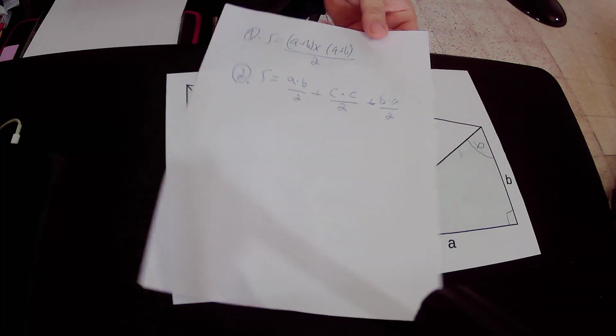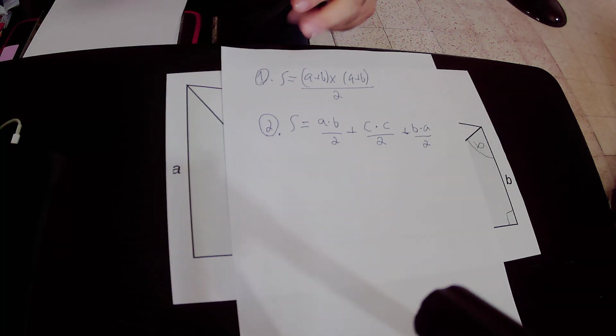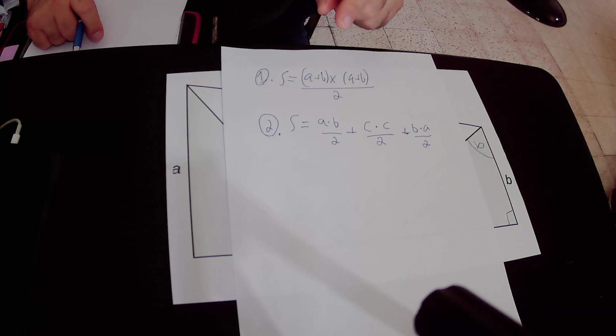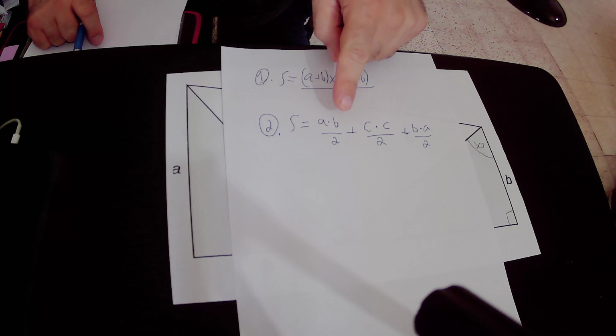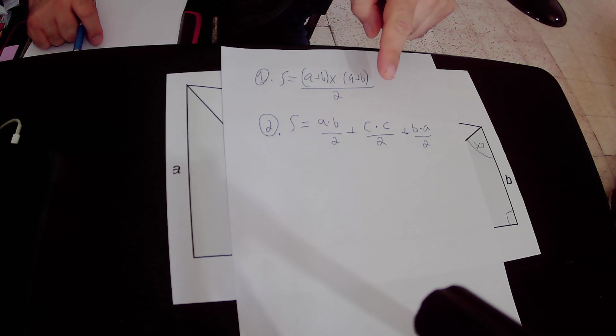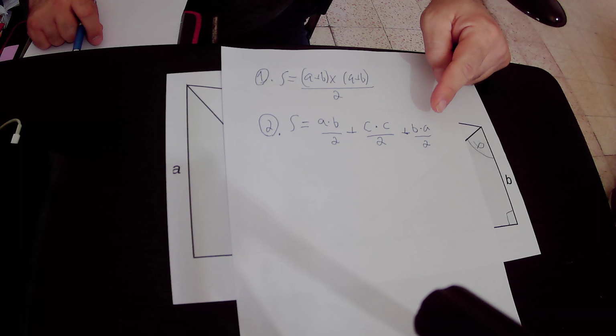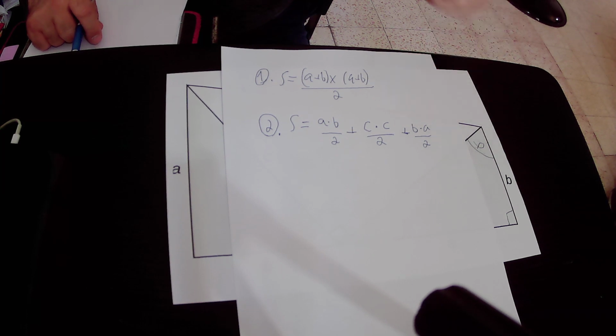As you can see here, the area of the trapeze equals the area of the right triangle, that is A times B divided by 2, plus the area of the middle triangle, that is C times C divided by 2, plus the area of the left triangle, that is B times A divided by 2.